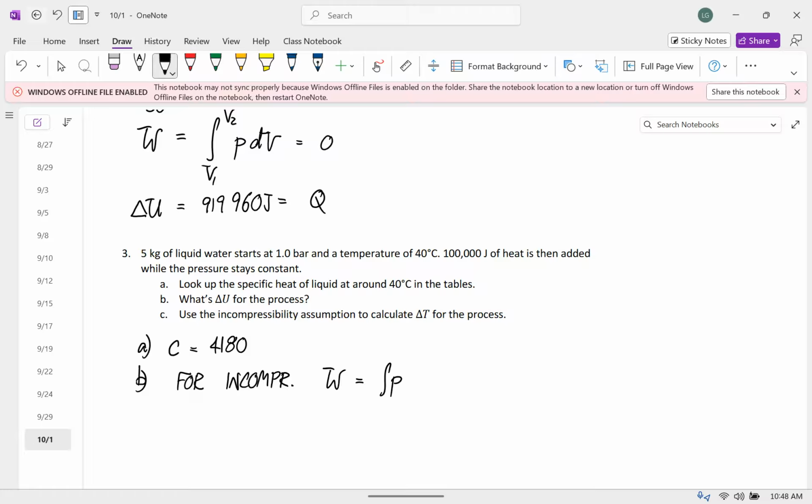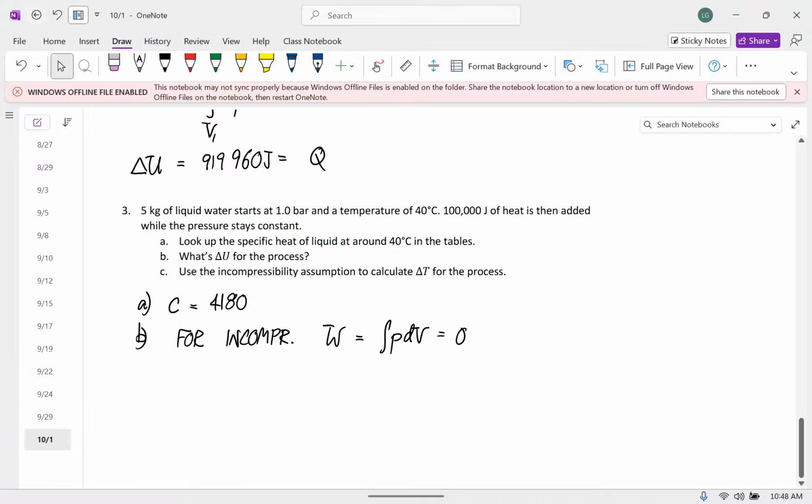The work of expansion is equal to 0 because that volume doesn't change. So we have the change in internal energy is equal to Q minus W, and that W is 0. That Q is given as 100,000 joules. And so that's the change in internal energy.